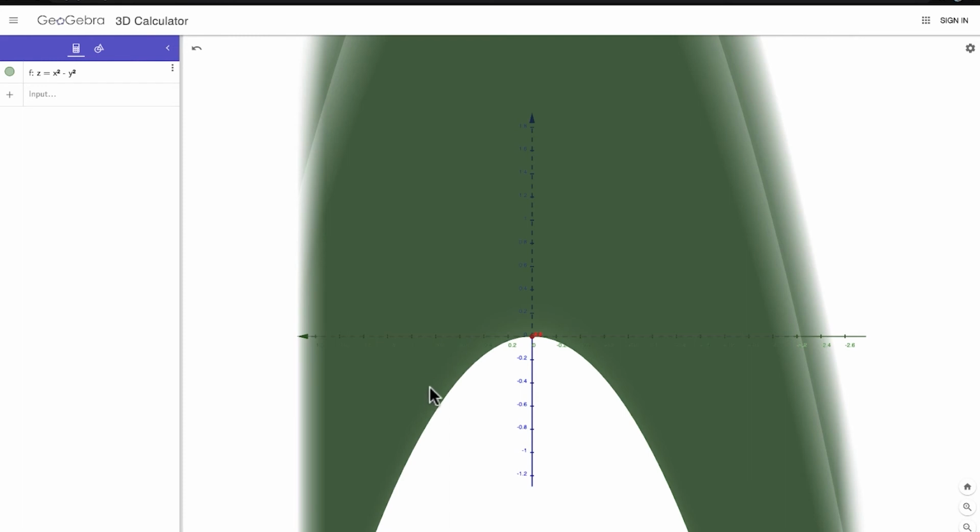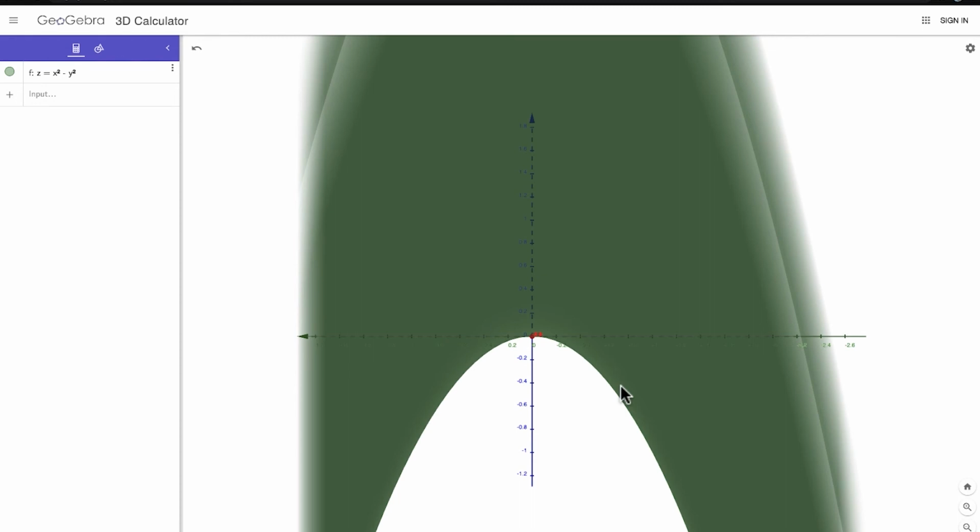Now z is solely a function of y. So we can actually see this inverse relationship between z and y. So as we move further away from 0 on the y-axis, the slope of z becomes steeper and steeper, but we have this inverse parabola.